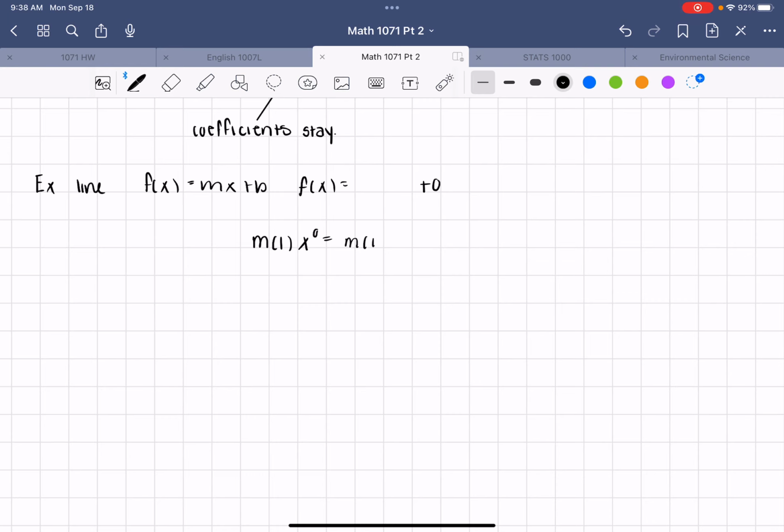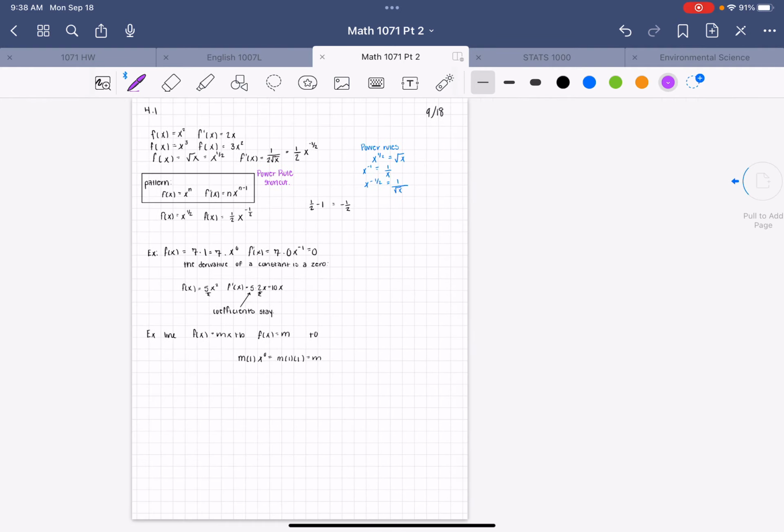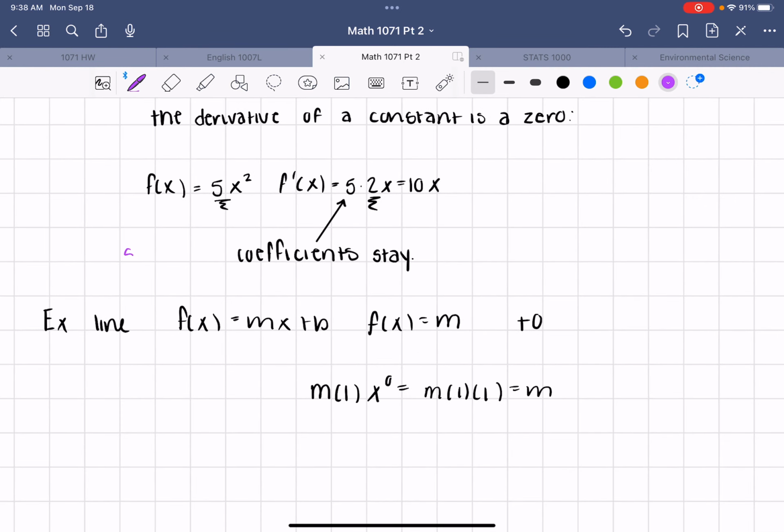So there are really 3 shortcuts here. Here's the power rule, and then coefficients stay. That's sort of a shortcut. And the derivative of a constant is 0, that's a shortcut. So what we're doing here in chapter 4 is we're gathering together these shortcuts that we've been illustrating in chapter 3.